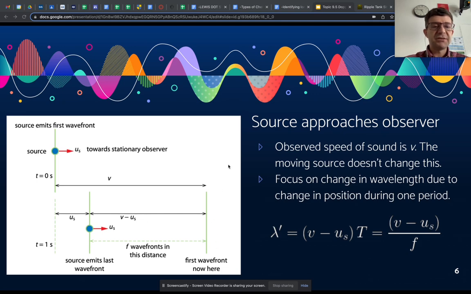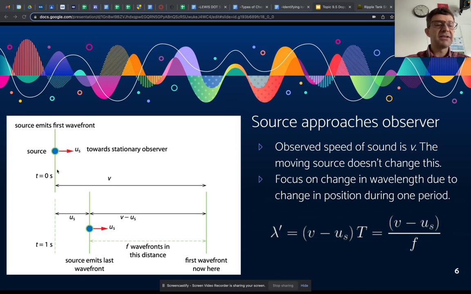The stationary observer is somewhere over here, probably far off the screen. And the waves are traveling at a speed v. Normally we would call the speed of the waves c and the velocity here v, but I'll use my equations with the v and the us here to be consistent with the picture.